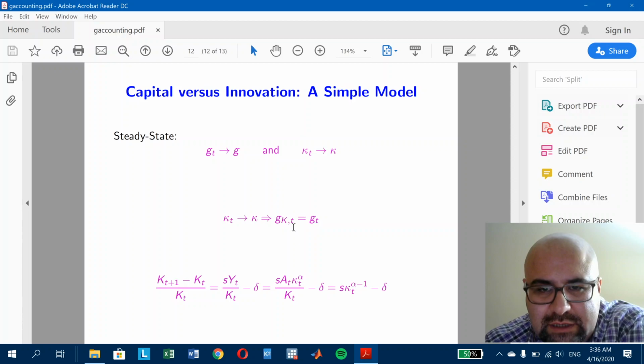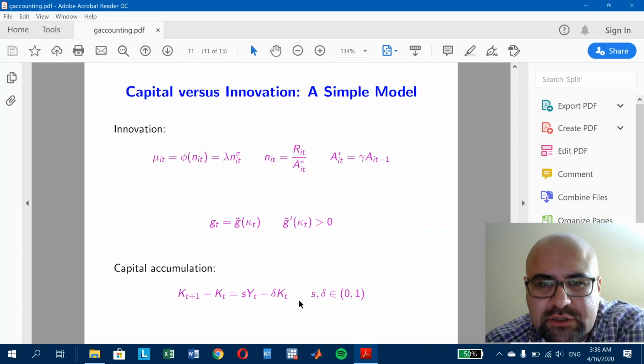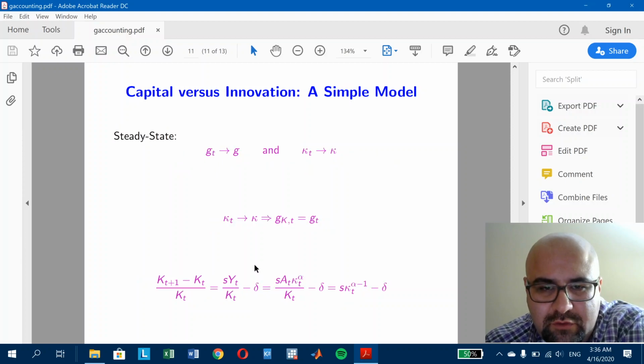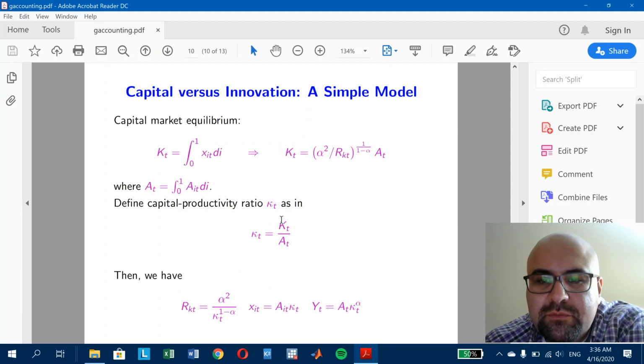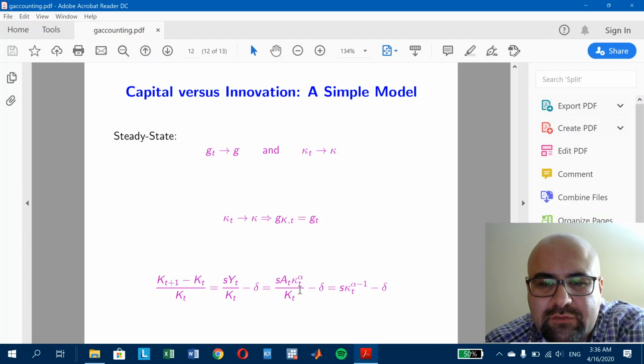Now, what is that growth rate? The growth rate of capital stock. That comes from the capital accumulation equation, right? So if you divide both sides by K_t, you get this, and then you replace Y_t from this equation, okay? Y_t depends on productivity and kappa itself. So you have this, but realize one thing.